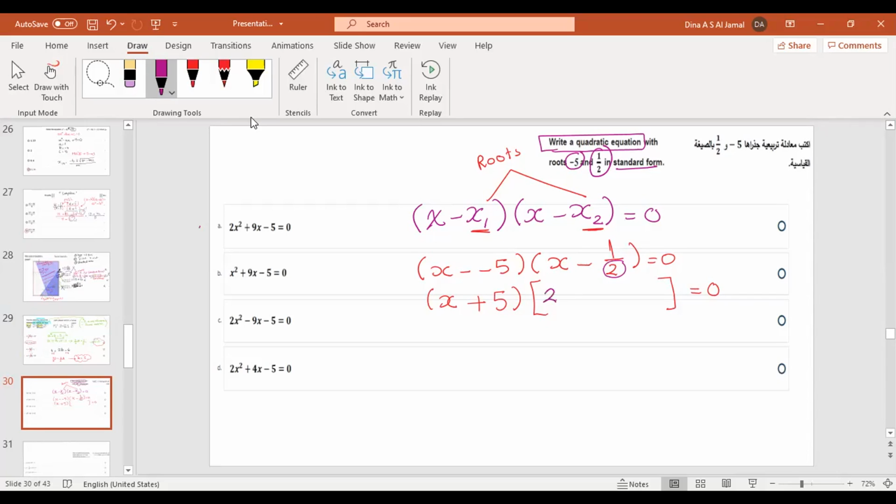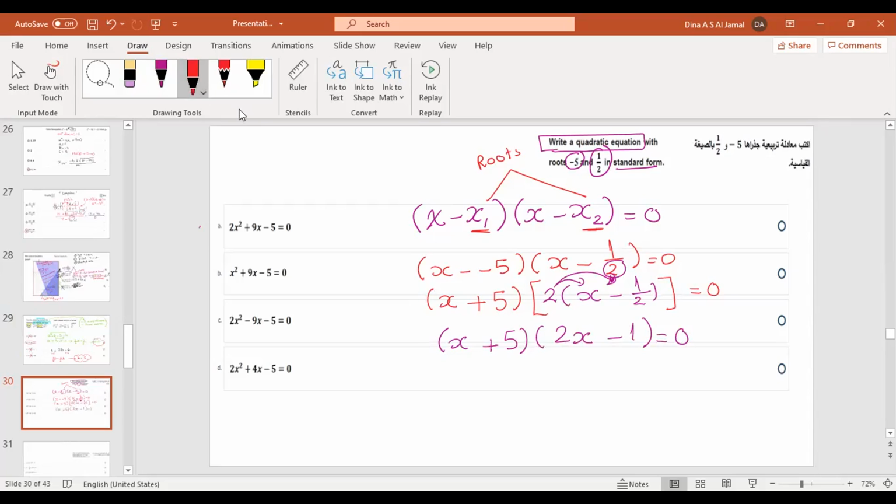So you will multiply by 2, x minus half. With this, I will be having the distributive property, x plus 5, 2x minus 1 equal to 0.